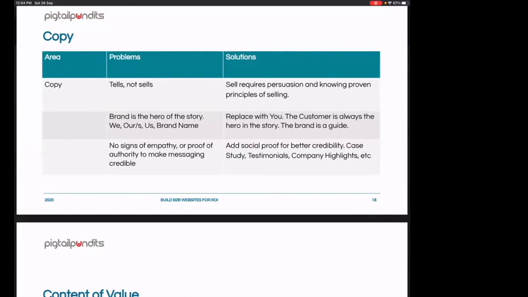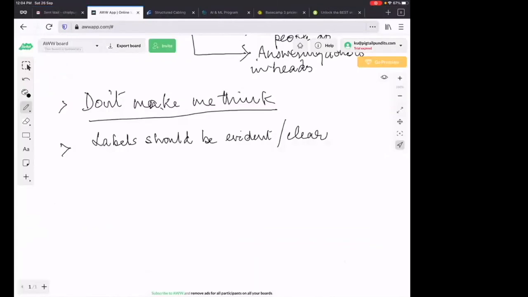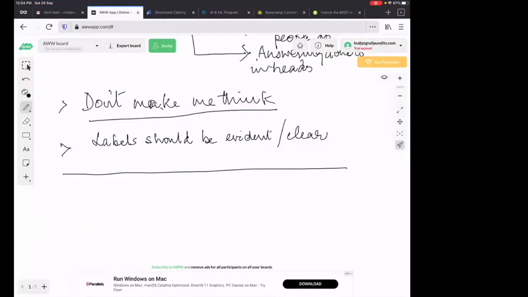I have clients who tell me mine is a commodity product. I sell accounts payables or whatever, receivables. Now, this is something which is very, very common in the market. People think that because they are selling this, you don't need to sell.